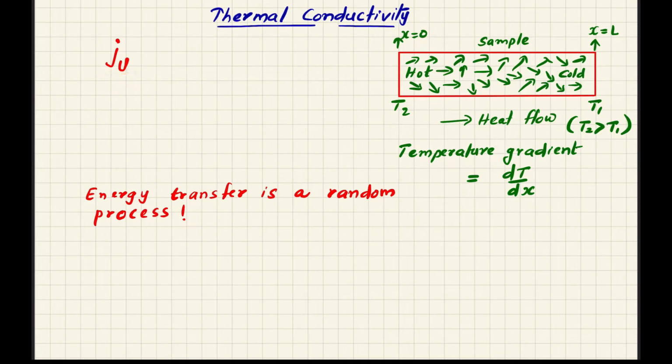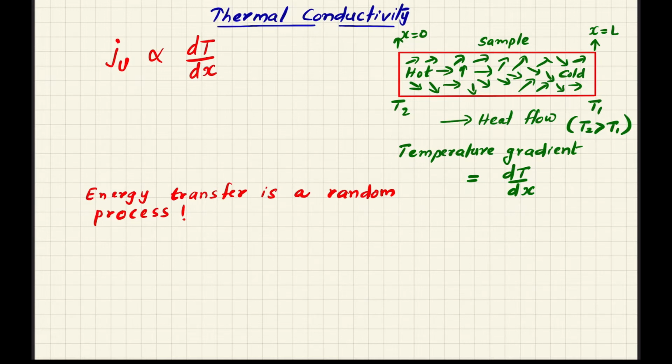This is actually proportional to the temperature gradient, which means it is the difference dT divided by dx. dx is the length, x is the variable which defines the length of the specimen.